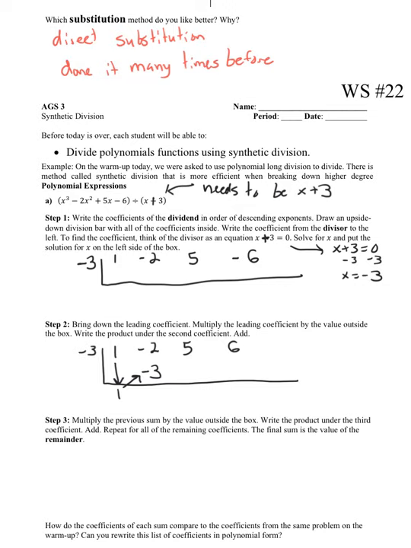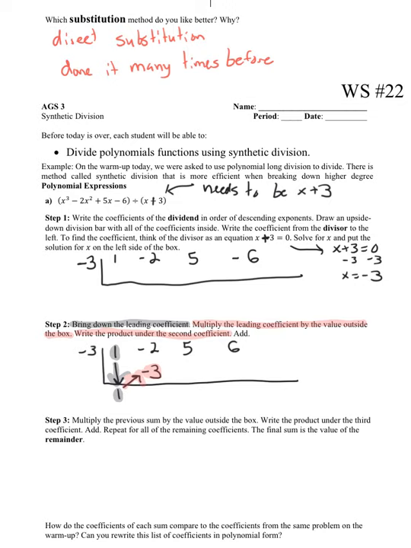So we'll start with step one: bring down the leading coefficient. I'm going to highlight that. The second part, I'm going to multiply the leading coefficient by the value outside the box, and write that product under the second coefficient.